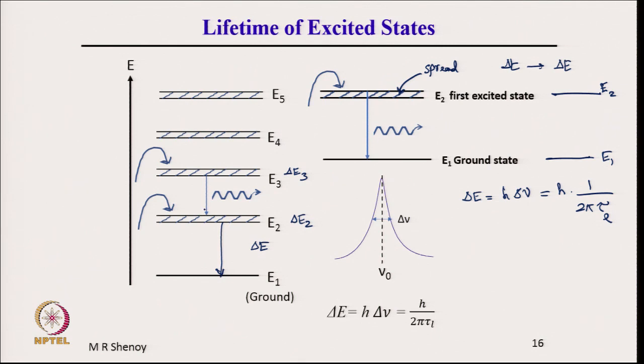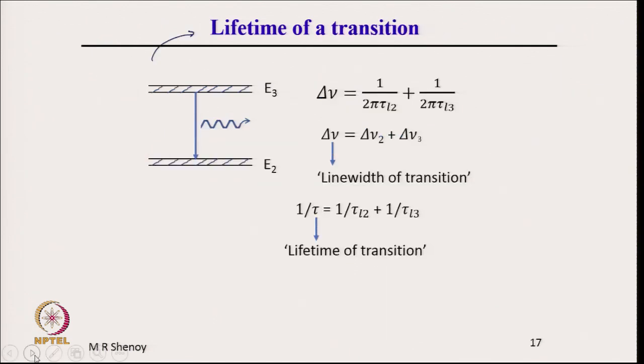But if you are looking at a transition between two excited states, then there is a finite spread delta E3 and a finite spread delta E2. Therefore, there is a spread in the photon spectrum which is coming out in this transition, and therefore, now we have the delta nu is equal to lifetime.